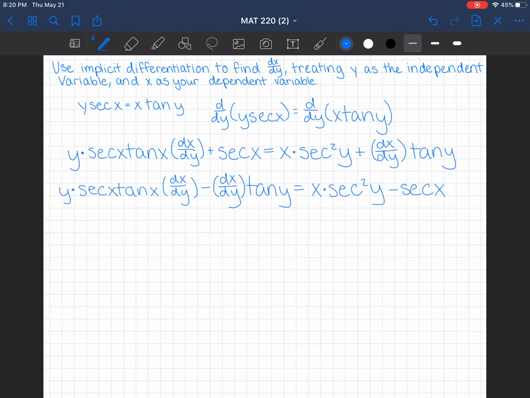All right. Now that we have these two terms over here, both with our dx/dy, we can go ahead and factor out that dx/dy. And we end up with our two terms left over.